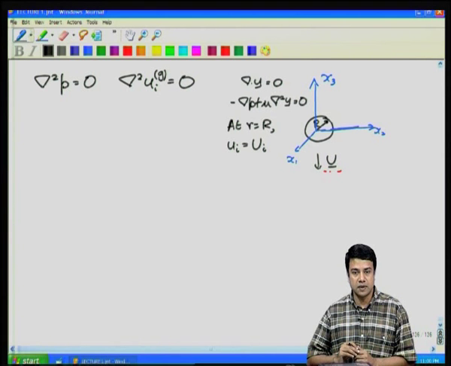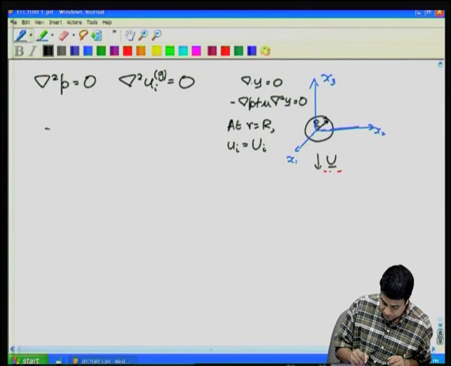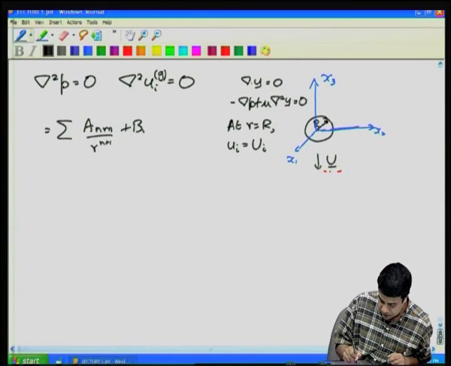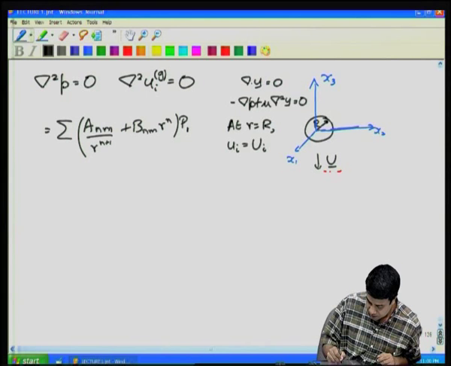The decaying harmonics decreased with r as 1 over r power n plus 1, the growing harmonics increased as r power n. So, we had solutions of the form a n m by r power n plus 1 plus b n m r power n, times P n m of cos theta times e power i m phi.